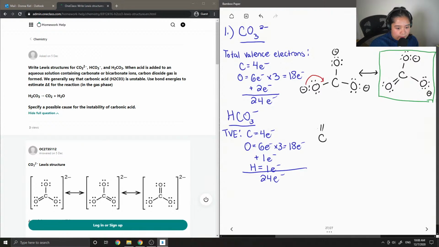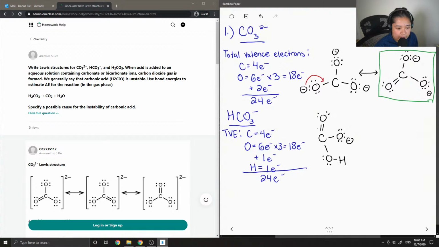So I know I'm going to need a double bonded oxygen. This carbon will be bonded to 2 oxygens, except this time one of the oxygens will contain a hydrogen. So this is now the structure for HCO3 minus.